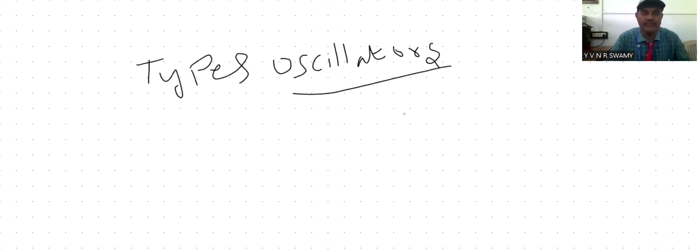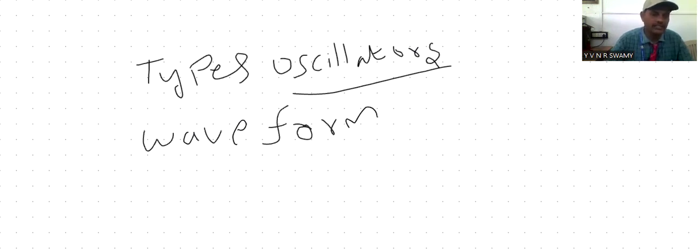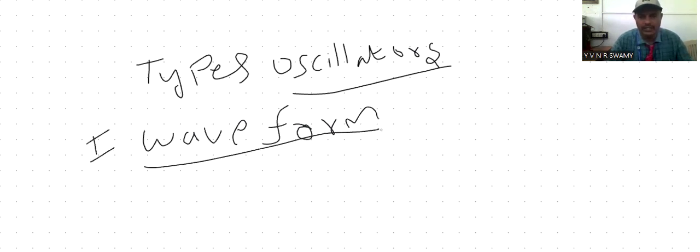Now coming to the classifications. Based on nature of waveform generated, oscillators are classified into two types. Those are sinusoidal oscillators and non-sinusoidal oscillators.